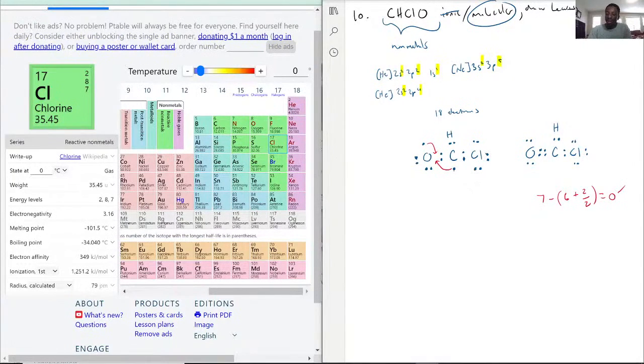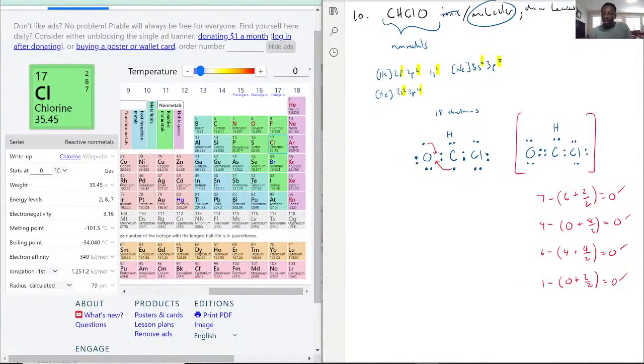The carbon in the middle has 4 valence electrons, 0 by itself, and is sharing 8 of them, so that's also 0. Oxygen has 6, 4 by itself, and is also sharing 4, so that's also 0. And hydrogen is 1 and it's sharing 2. So all these are perfectly balanced.